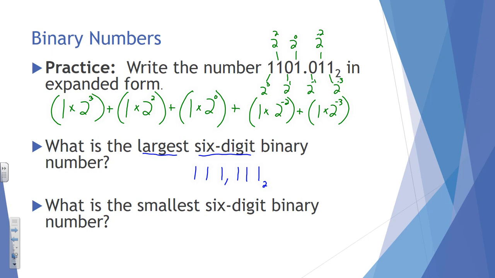Well, again, in order to require 6 digits, that largest digit must be non-zero, otherwise it wouldn't be necessary. So we'll have to start with a 1, and then we can follow that with a bunch of zeros. So that's actually almost the same answer as the question in the previous base. That was the similar question in the decimal system, but this would be base 2 and have a completely different number value. So it's 100,000, but that is not equal to 100,000.